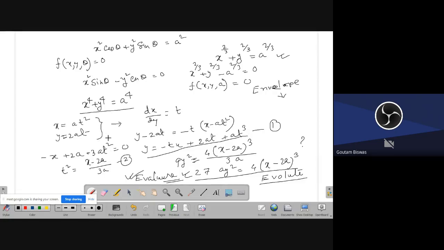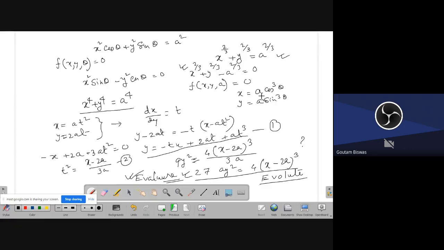Now, first of all, find the evolute of this curve. Okay, so you know the procedure. Here you will take the evolute, not the envelope. First find the evolute of the curve. So x is equal to a cos cube theta, and y is equal to a sine cube theta.